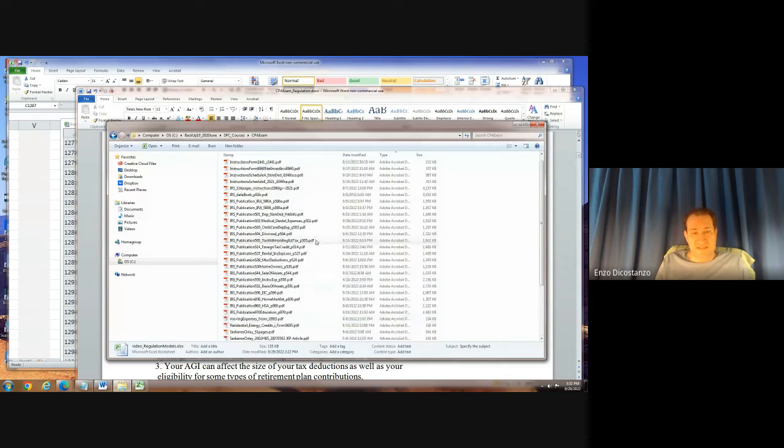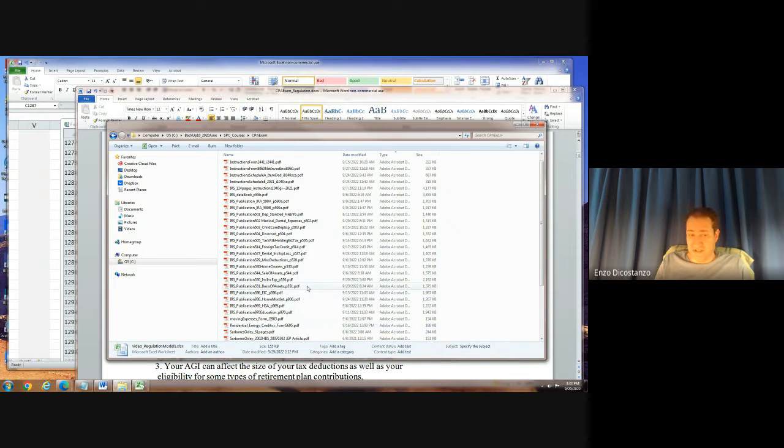You can see my list of documents that I've downloaded. So this is much more extensive than what's on the Blackboard site, but that's what it takes. You've got to understand it to this level, and you can see what this is: dependencies, standard deductions, filing information, medical and dental expenses, childcare dependents and expenses, divorced, tax withholding, estimated taxes, foreign tax credit, rental income and losses, miscellaneous deductions, and on and on.